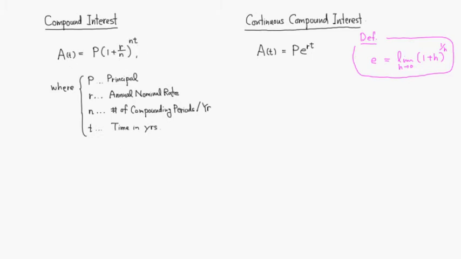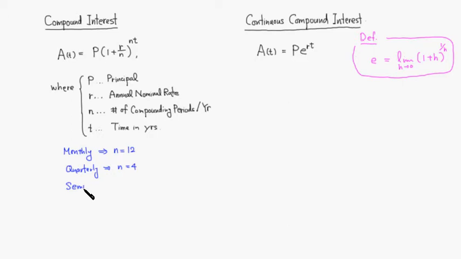T is time in years. So, for example, if the interest is compounded monthly, then n is going to be equal to 12, because interest is compounded 12 times a year. If it's quarterly, then n equals 4.